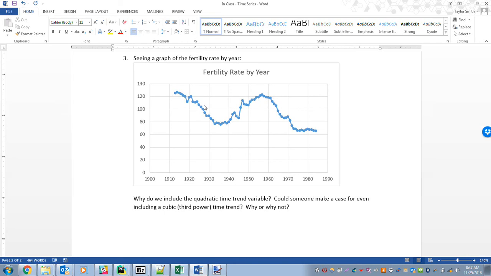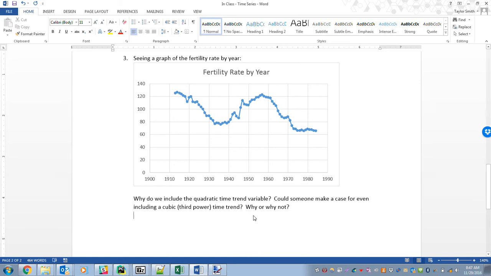Now, in class, I haven't showed you how to do cubic variables yet, and you have to use some calculus to figure out the actual relationship, and so we didn't get into that. But what I wanted you to see is that even a quadratic shape here doesn't do this graph justice. You would really need a cubic trend to really match this pattern, okay?